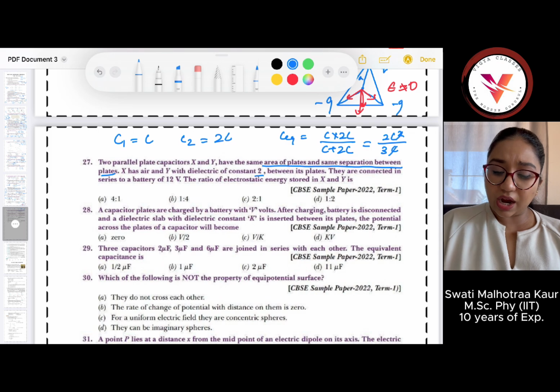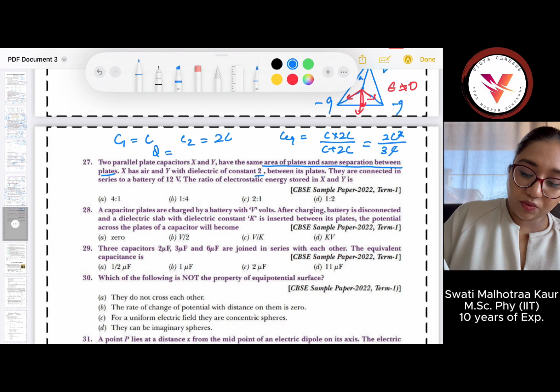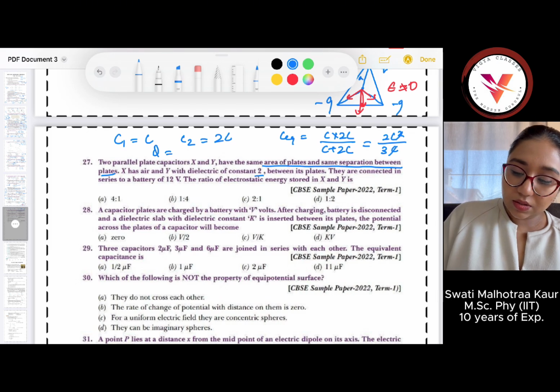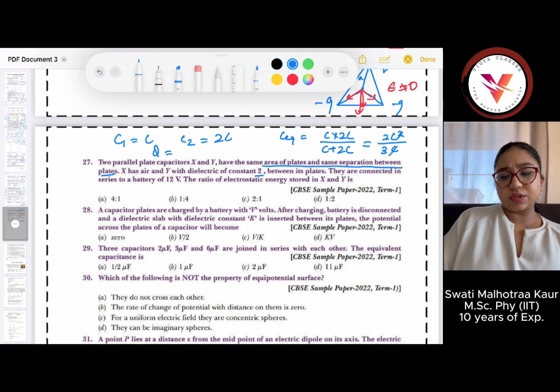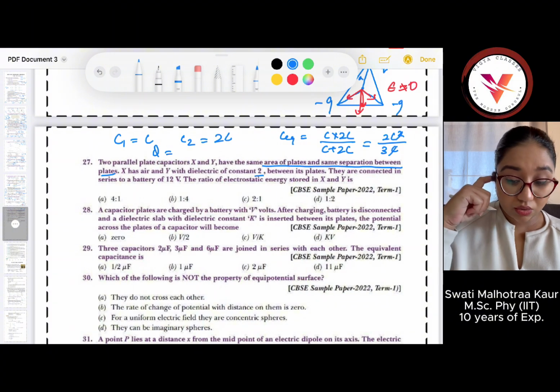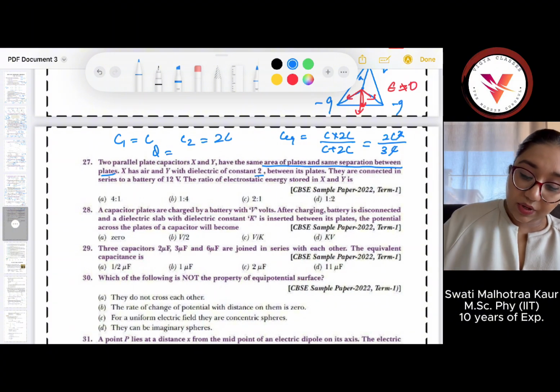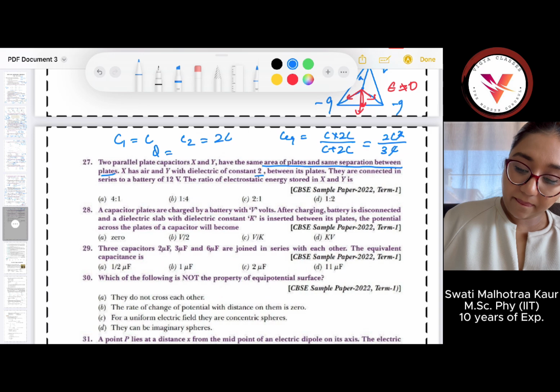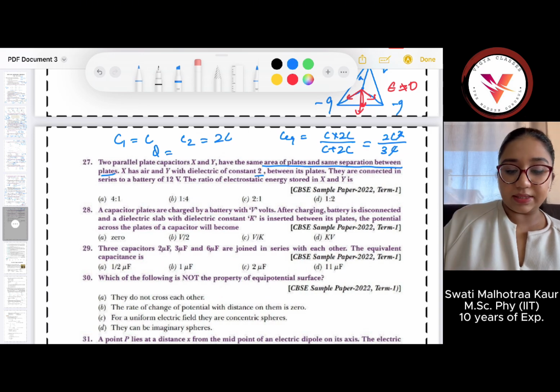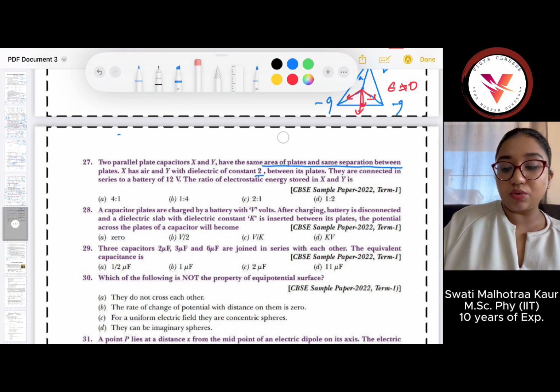So total charge Q would be what? You can calculate it by half CV square. See, it's very easy. You don't need to calculate the total charge.